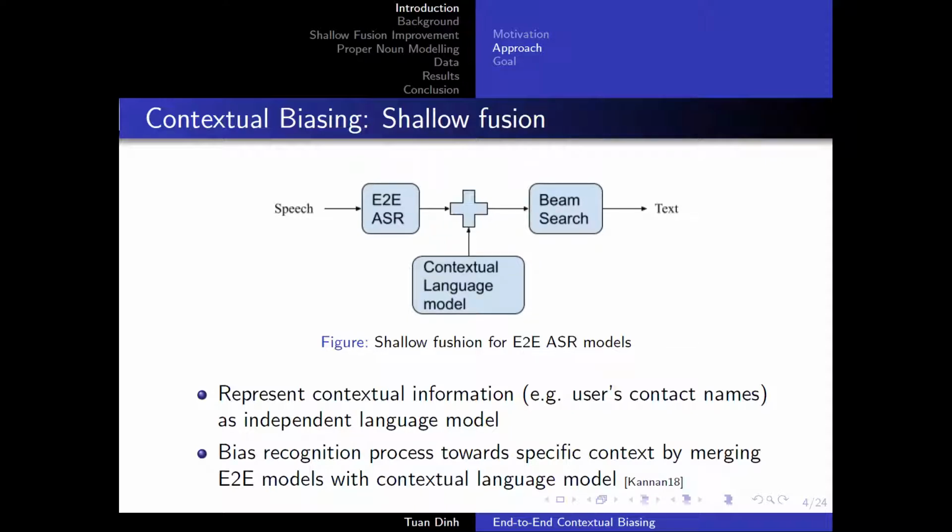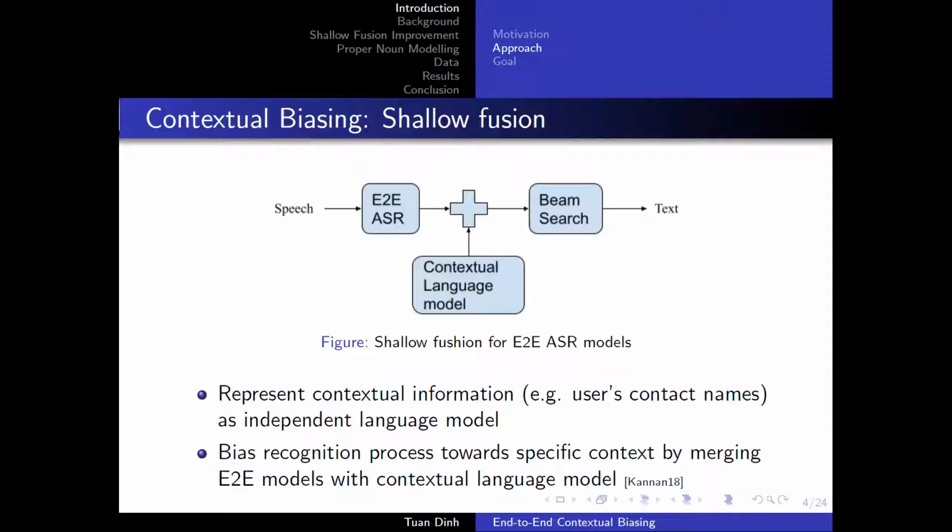In end-to-end models, we use shallow fusion for contextual biasing. And in shallow fusion, one represents contextual information as an independent contextual language model.